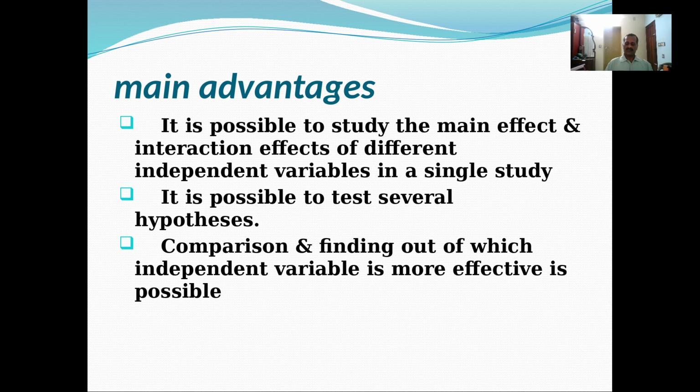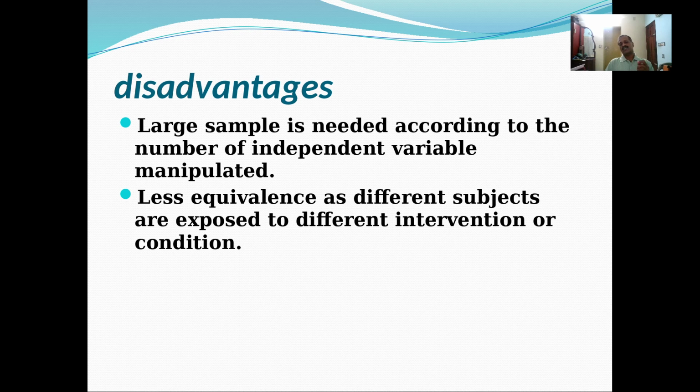At the same time, there are two disadvantages also to be discussed. The first disadvantage of factorial design is that a large sample is needed according to the number of independent variables to be manipulated. I have mentioned in the Solomon 4-group analysis itself, a large sample is needed.